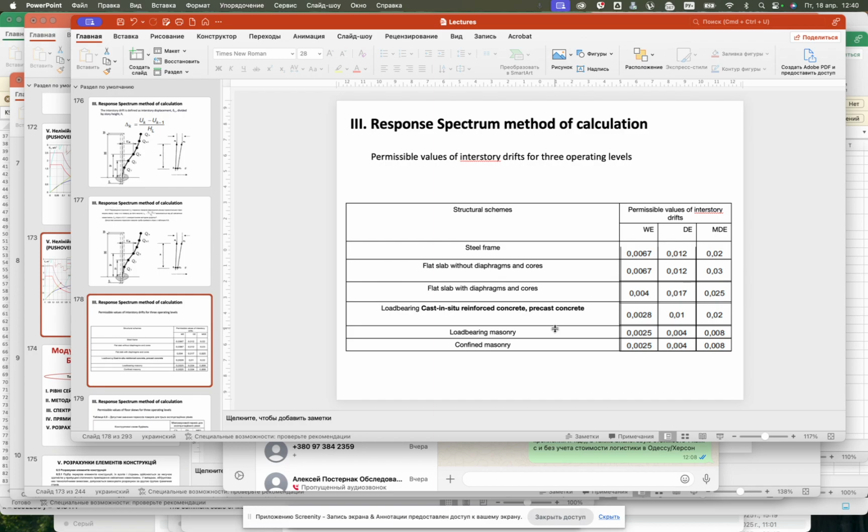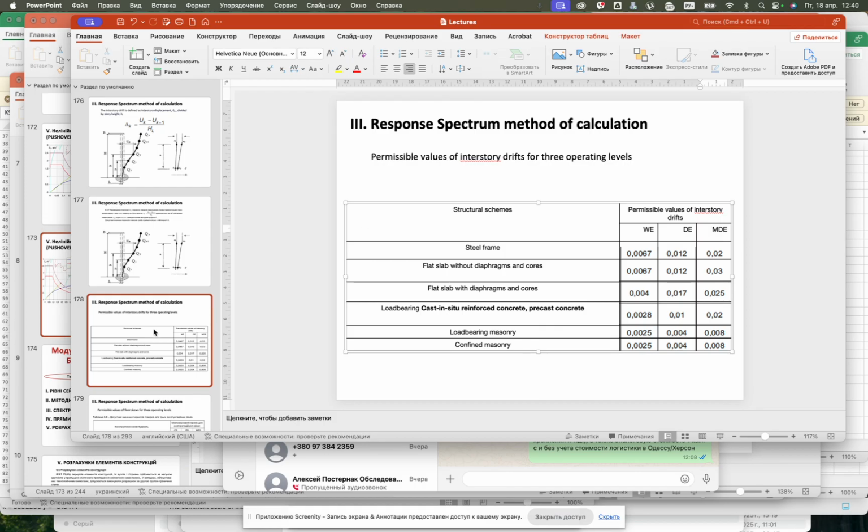Performance-based seismic design. Okay, so next, all these values were defined after the earthquakes, and based on these values, you have to analyze the behavior of your building according to weak earthquake, design earthquake, and maximum design earthquake.